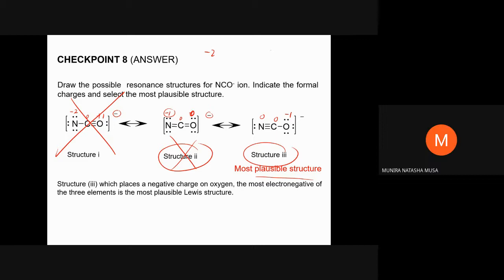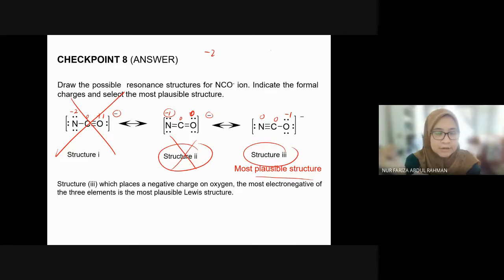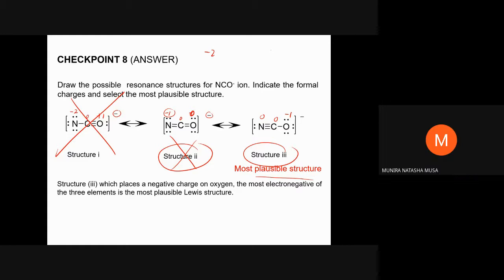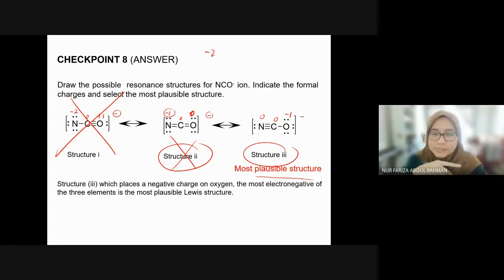Tapi resonance structure memang ada formal charge yang sama je kan? Maksudnya total formal charge dia tu. Total formal charge mesti kena sama. Cuma macam mana dia dapatkan negatif tu. Contoh, to get negative 1, ada macam-macam cara nak dapat negatif 1, betul tak?